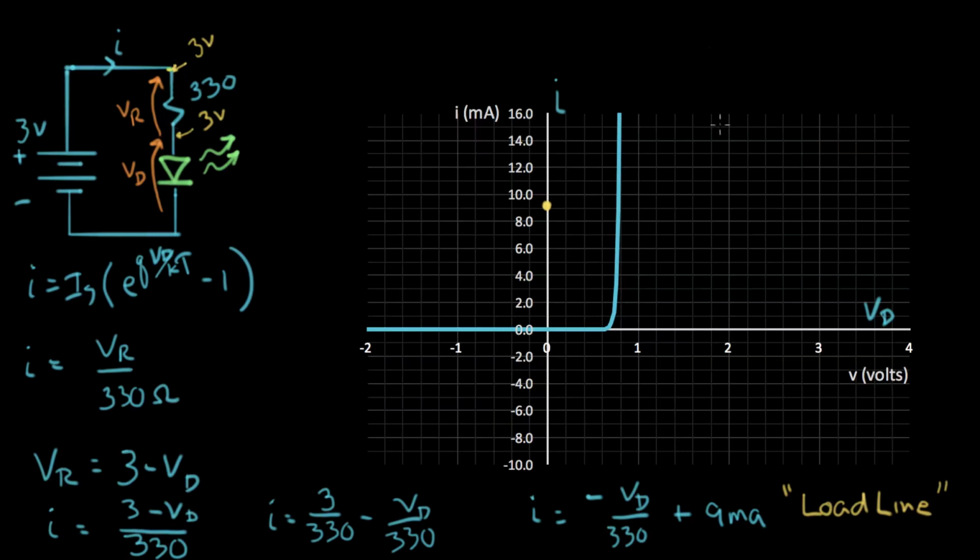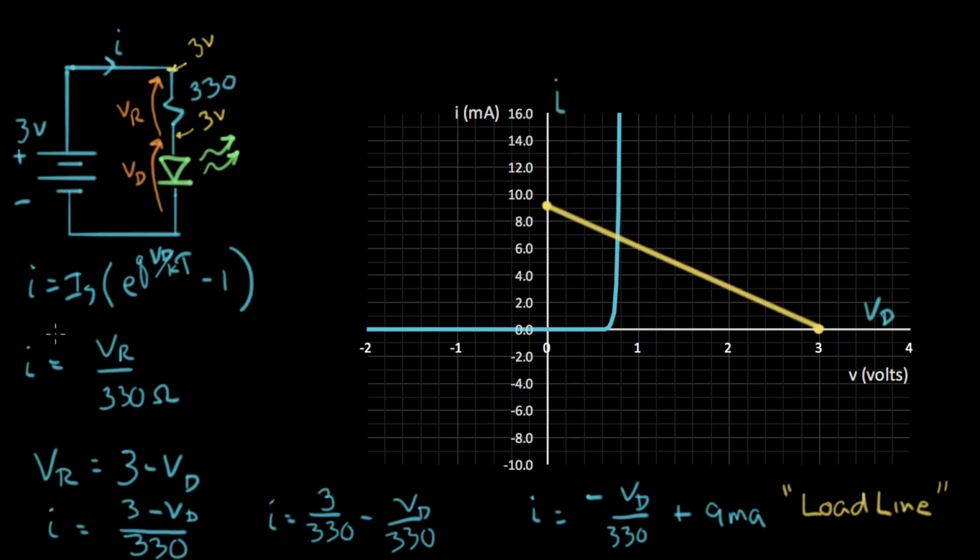So let's put that point on our line. When I is 0, V is 3 volts. So there's another point on the line. Now we have 2 points, and we can draw a line between them, like that. And what we've drawn is the load line for this 330 ohm resistor.